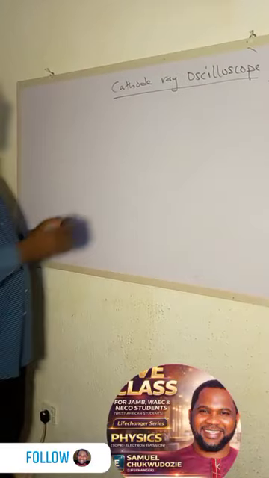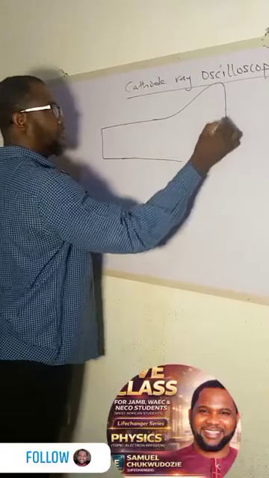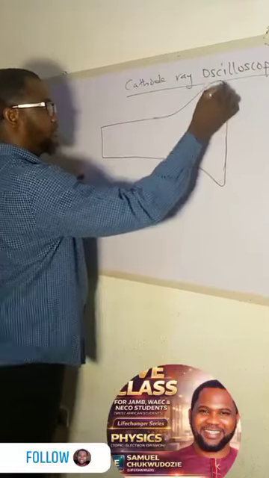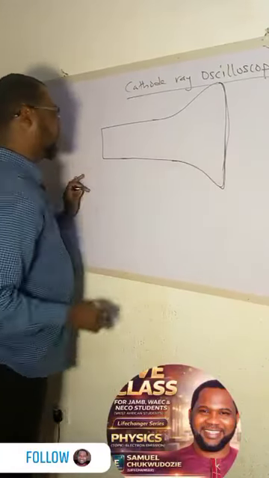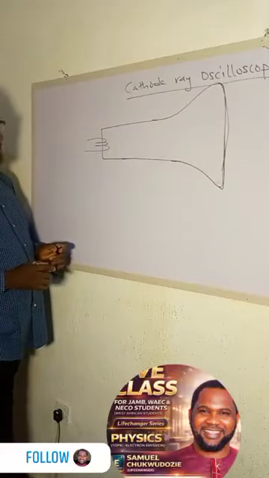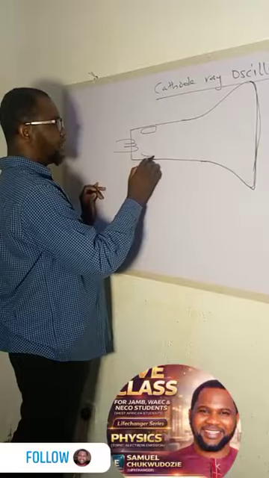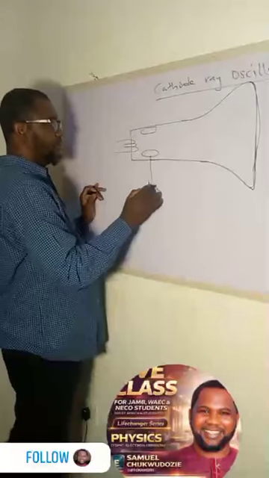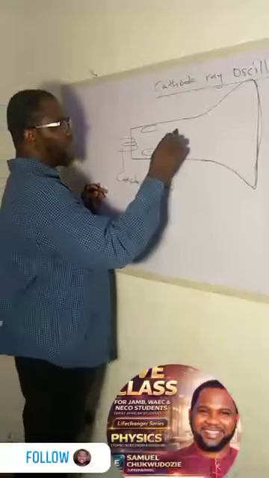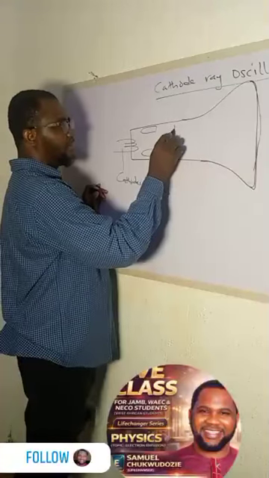Let me give a rough sketch. You know, this is what it looks like. I think it has a cathode like this, of course, as usual. Then it has anodes, cylindrical, these are anodes. And these are cathodes. Then somewhere here it has deflection plates.